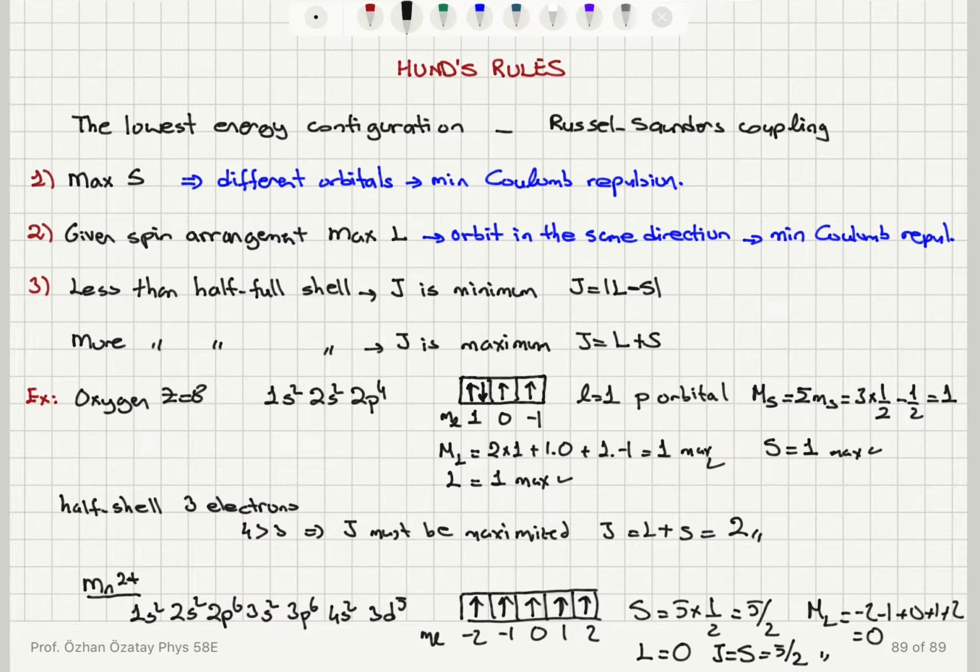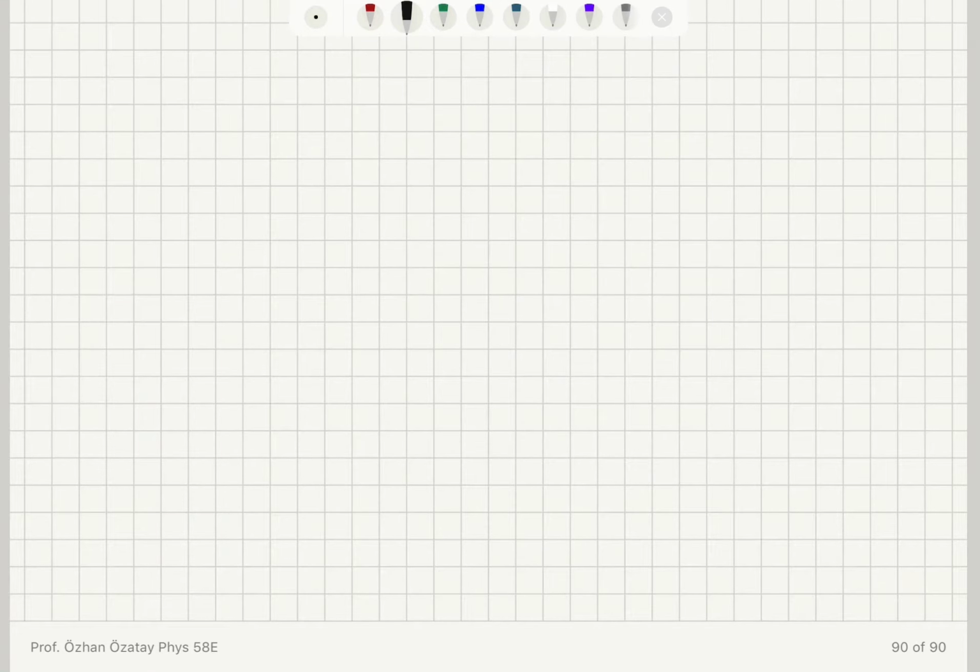Another example is carbon, Z is equal to 6. This has 1s2, 2s2, 2p2. Now in the p orbital we have 2 electrons, so we have to maximize the spin. At the same time, where we put them, m sub l should be maximized.